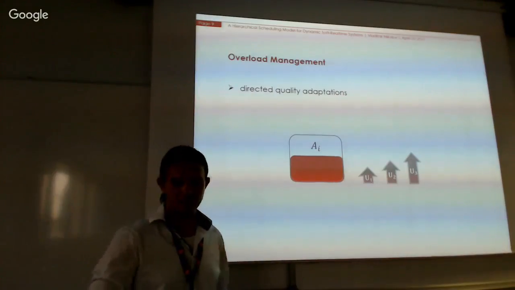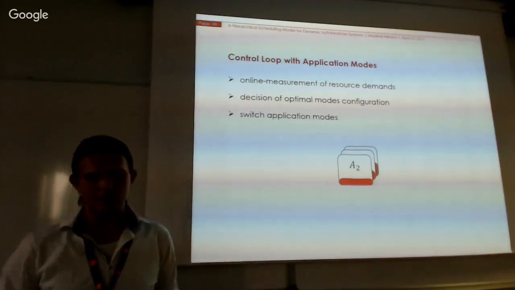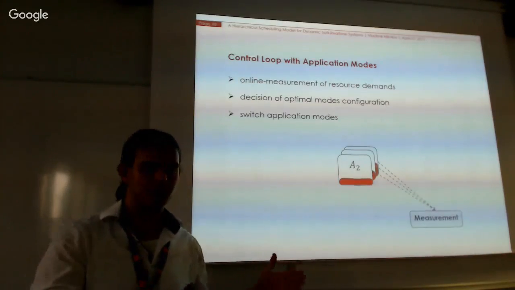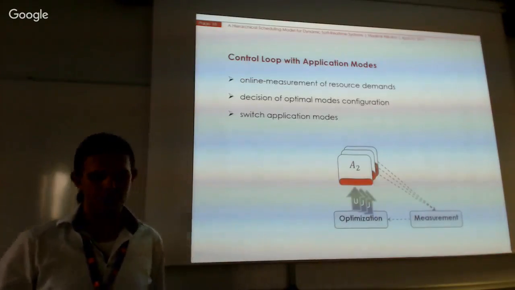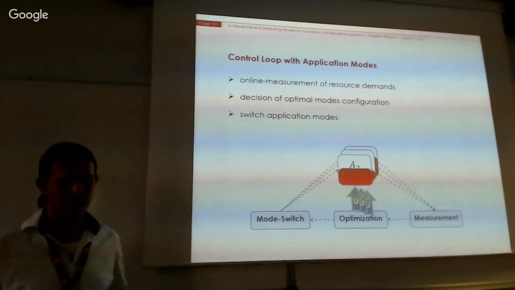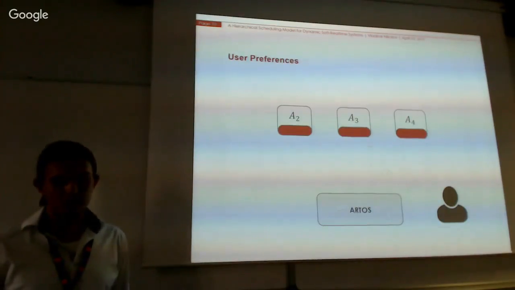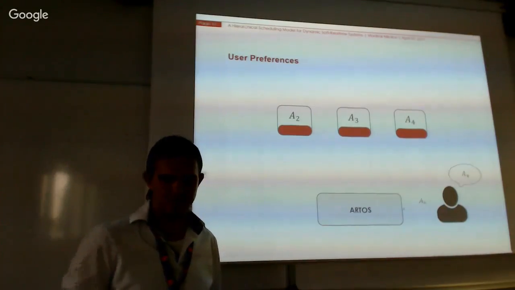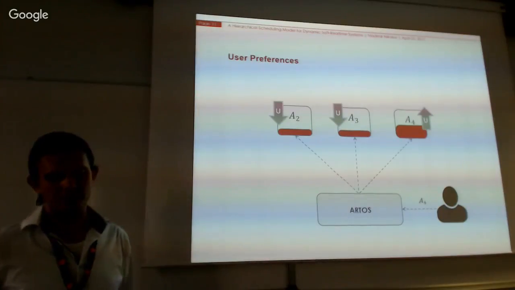In this case, we need a central control mechanism which monitors the operation modes of the different applications, or the execution in particular operation modes, decides about the optimal configuration of these operation modes, and also switches applications there during runtime. We also required that we should be able to prioritize the applications, which means that applications with a higher priority should possibly run in higher modes.